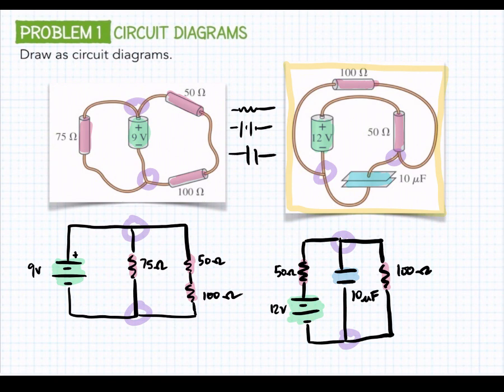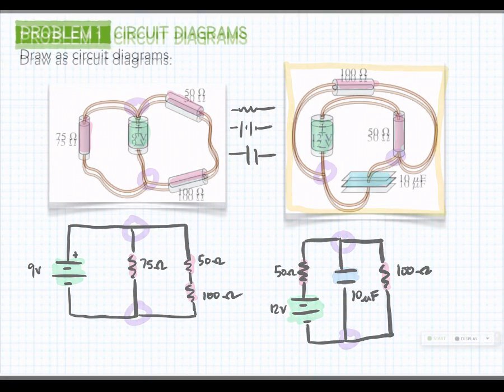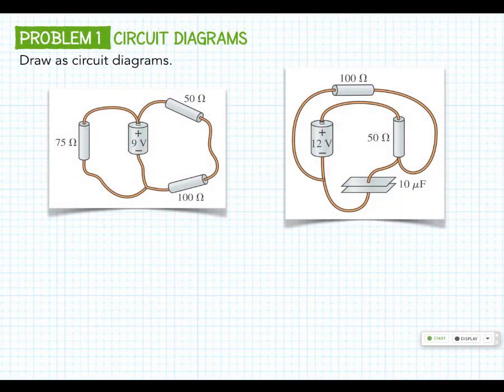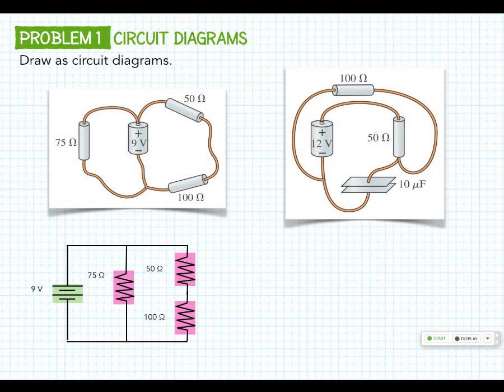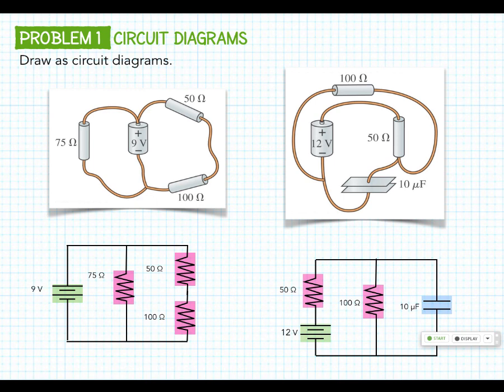Okay? So you can rearrange the branches, but you have to make sure that you preserve these junctions. All right. So these are the general ways to draw these, but remember there's lots of variations on this theme that are still okay. So let's try that out.